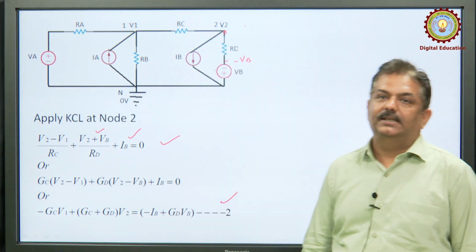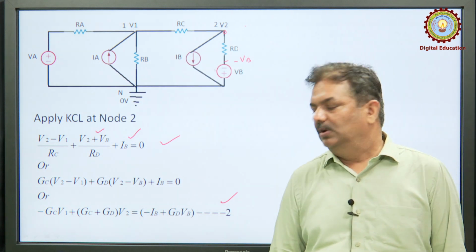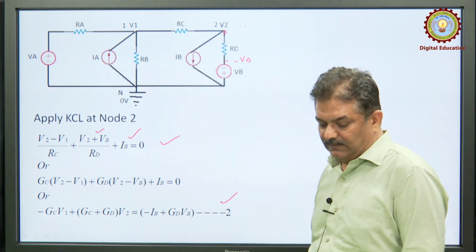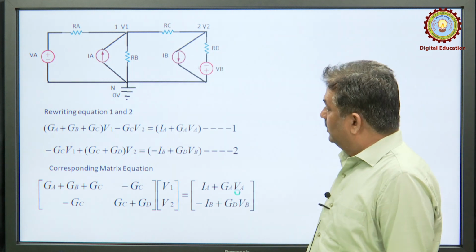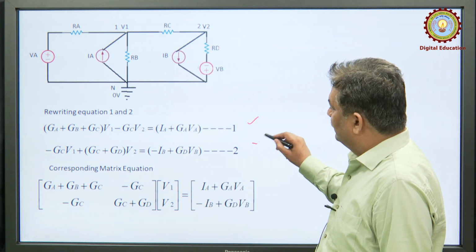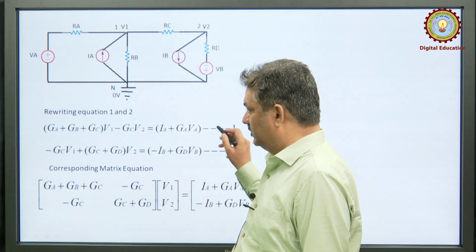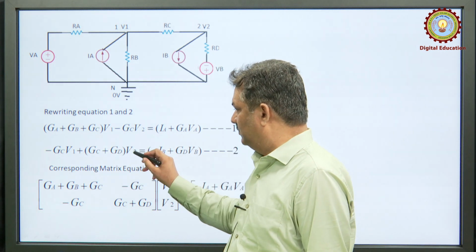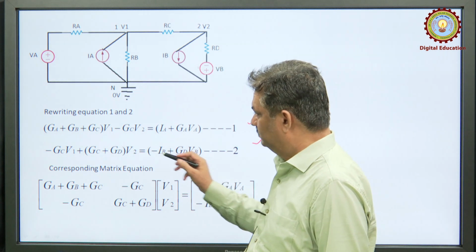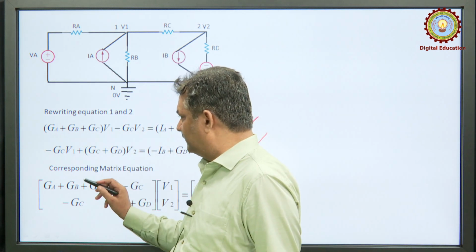So, by writing KCL at node 1 and node 2, we have obtained equations 1 and 2. Rewriting equations 1 and 2 in systematic form: coefficient of V1, coefficient of V2, constant term; coefficient of V1, coefficient of V2, constant term. Now, this can be arranged in matrix form.